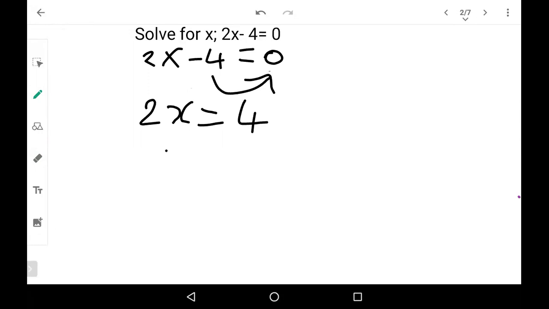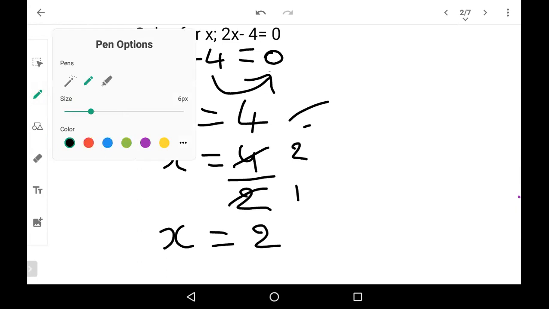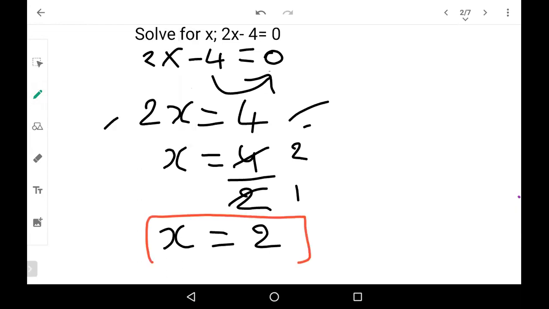Next, x is equal to, this 2 will go to the other side, which will become 4 by 2. So 4 by 2 is 2, therefore the value of x is 2. Understood? Every time you write an answer, make sure you put a rectangular box and highlight the answer.